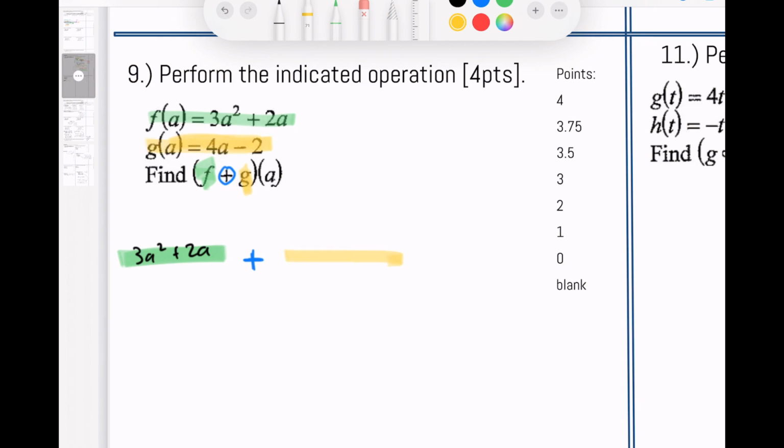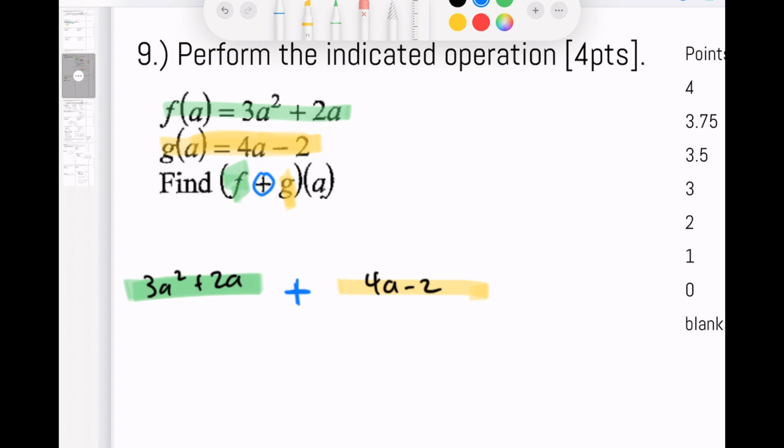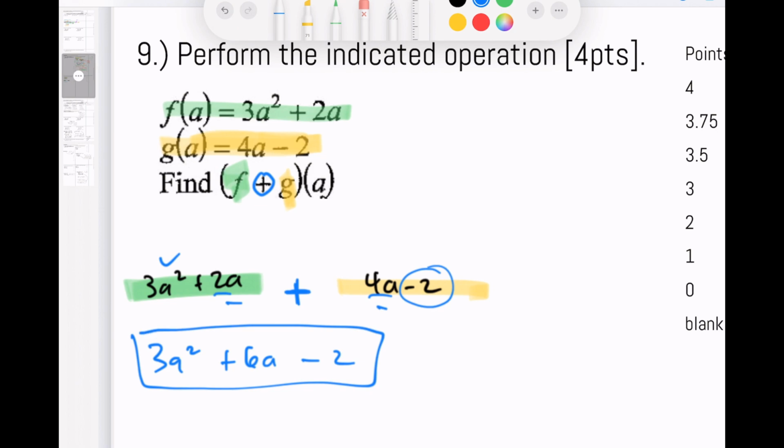Now, you might notice that I'm not only writing down the answer of the right side of the equation. Because it's a plus sign, I don't really need parentheses, and I can just combine like terms. So 3a squared, these are like terms, so plus 6a, and then minus 2. There's your answer.